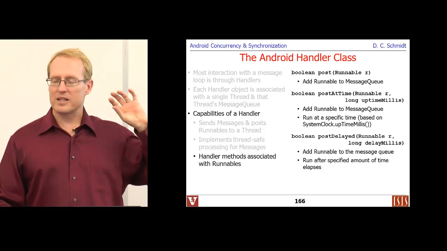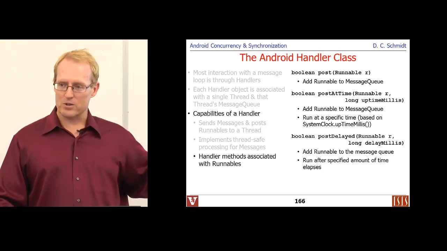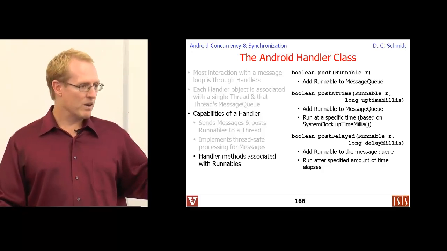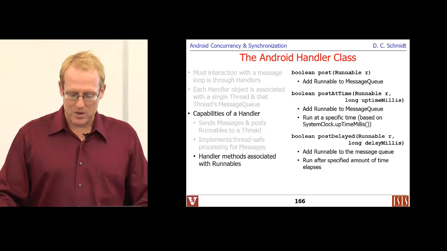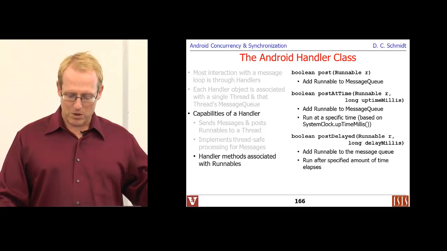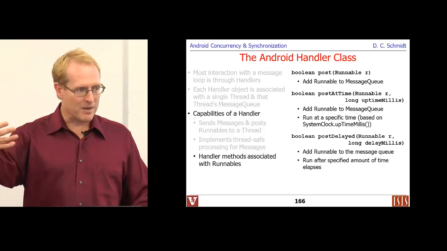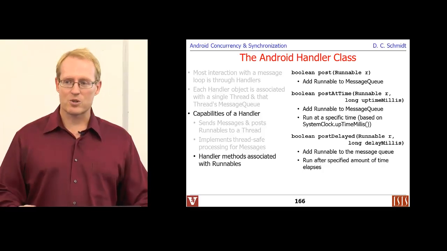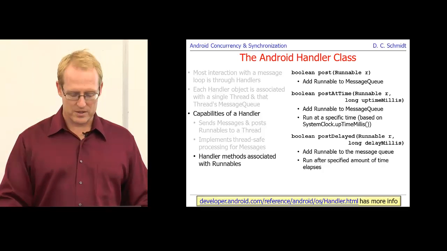The post method simply takes a runnable and puts it into the message queue, so it'll be dispatched by calling its run method later in the main thread or the looper thread that you posted it to. Post at time will run at a specific time in the future, and post delayed runs after a specific amount of time elapses. So the main difference there is sort of absolute time versus relative time. And the different ways to control those things.